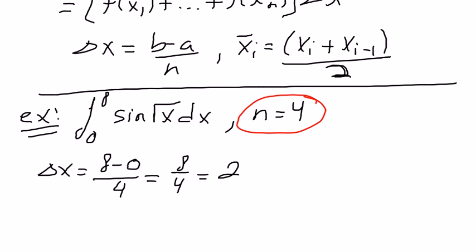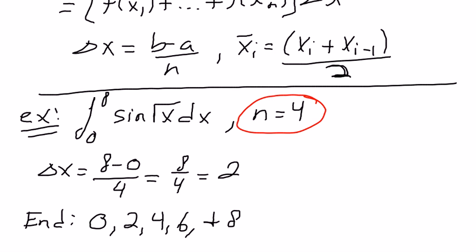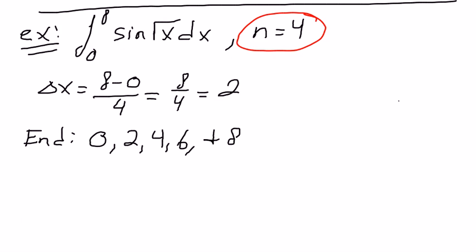We know that our endpoints, since we have 4 rectangles, are going to go from 0, 2, 4, 6, and 8. So that means the middle of each one of these rectangles is going to be located at x equals 1, 3, 5, and 7.